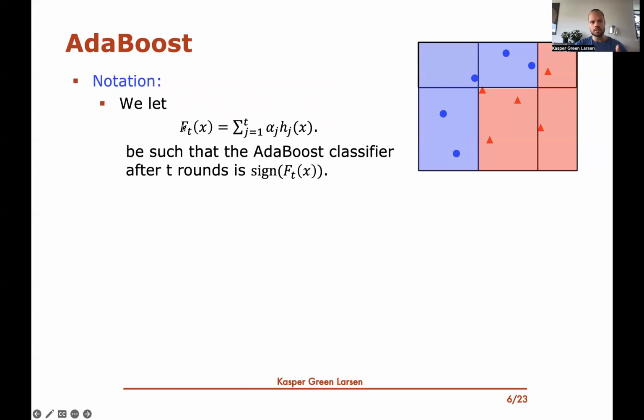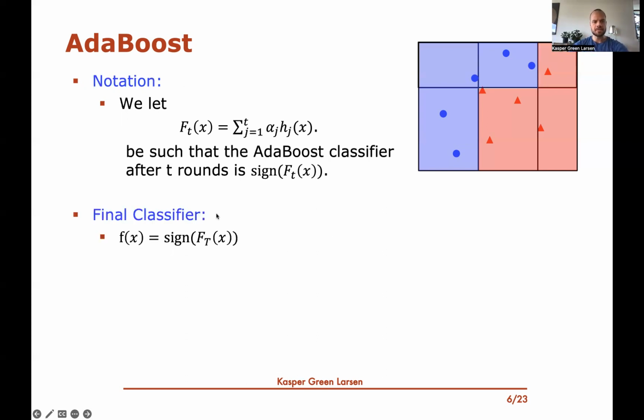So here we're also going to use the value of this capital F of t before we take the sign; this expression is going to be important in the analysis. Okay, so capital F of t is just the classifier that AdaBoost would have produced after t rounds if you just ignore the sign part of the expression.